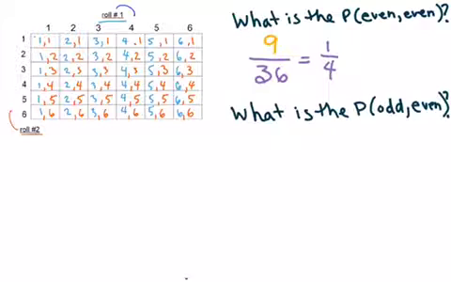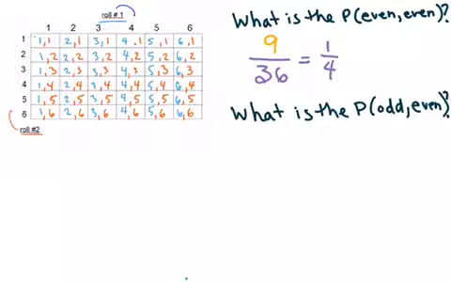Okay, so let's look in that first row. So we have 1, 1, nope, that's just odd, odd. 2, 1, nope, even, odd. 3, 1, oh, that's odd, oh, but that's another odd. Okay, 4, 1, oh, that's even, odd. 5, 1, odd, odd. 6, 1, odd, odd. So the first row doesn't work, right?